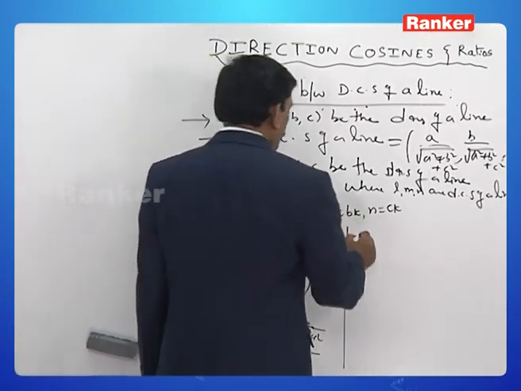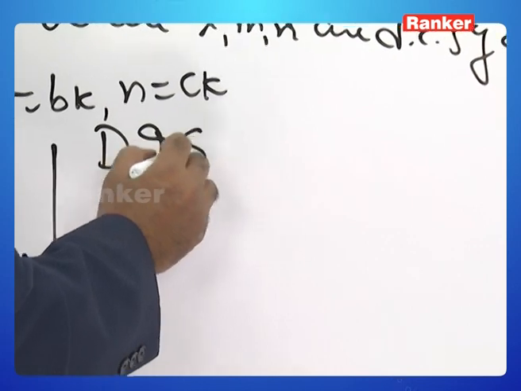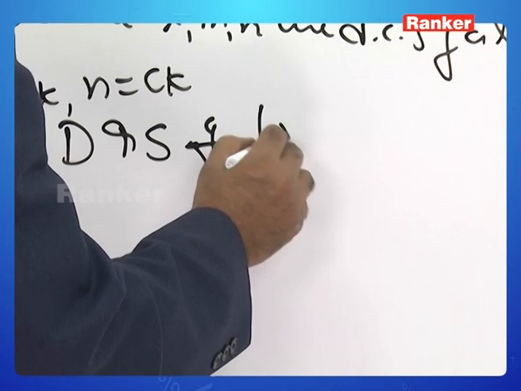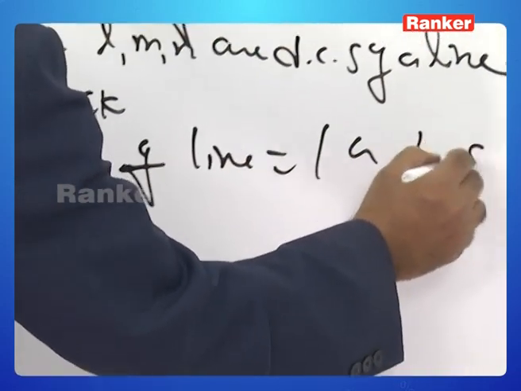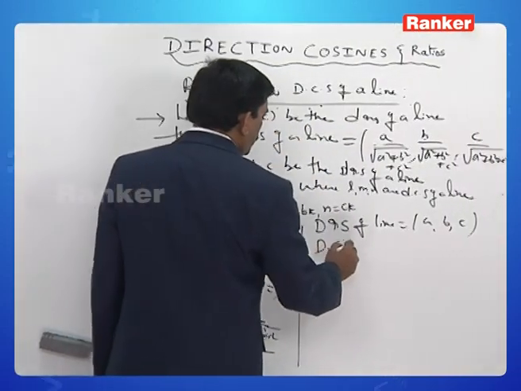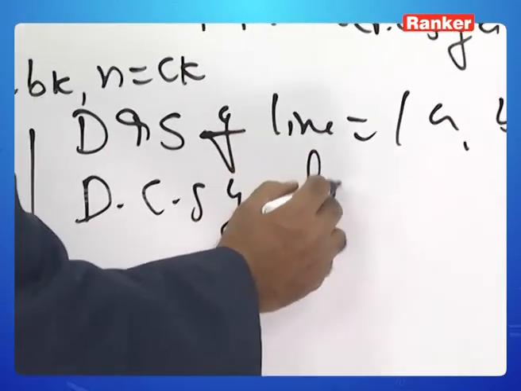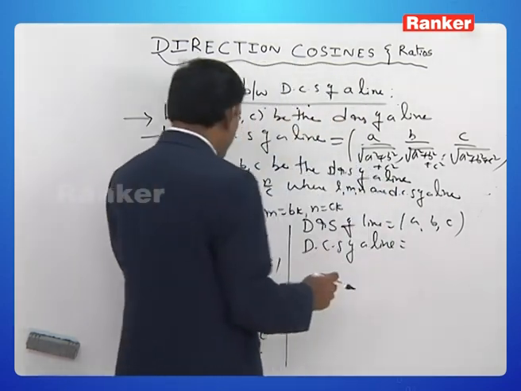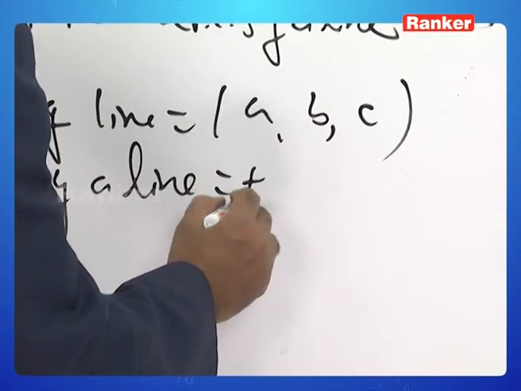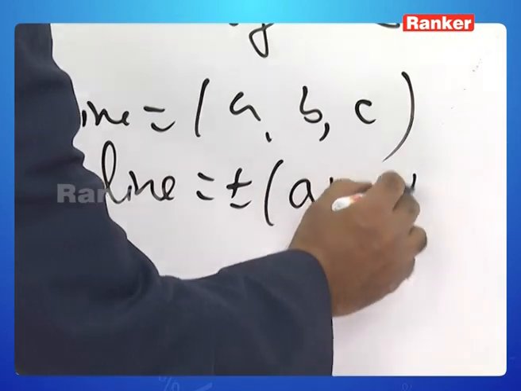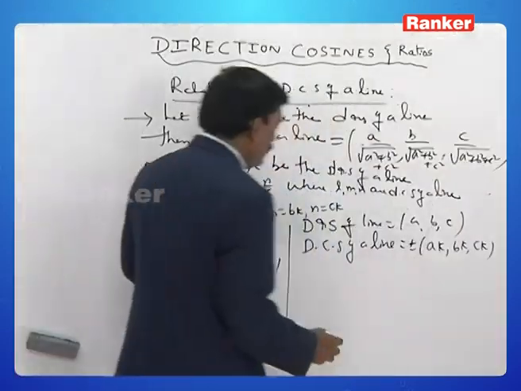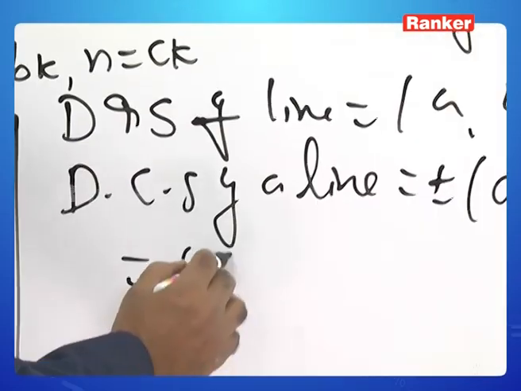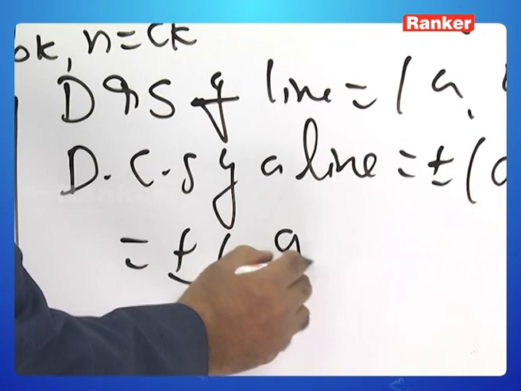Right? Now DRs of a line, I can write DRs of a line is equal to A, B, C. I want DCs of a line. DCs of a line is equal to AK, BK, CK, that is L, M, N. So therefore, I can write this as plus or minus, what is your K?